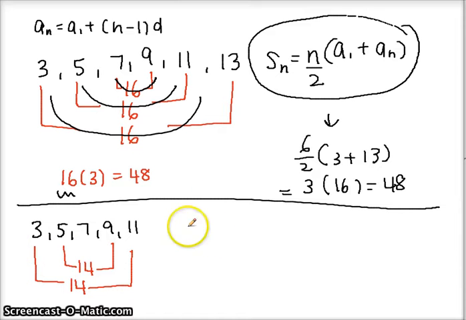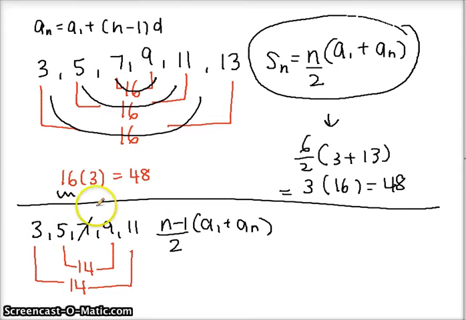Well, in this case, we do a_1 plus a_n, the same thing. And in this case, we have 5 numbers, 1, 2, 3, 4, 5, but we only have 2 pairs, because we're eliminating this middle number, so we're doing n minus 1 over 2.